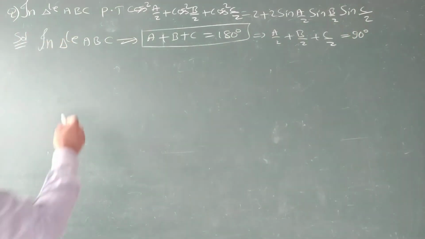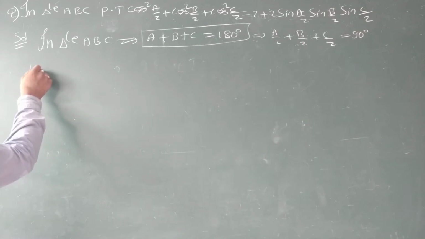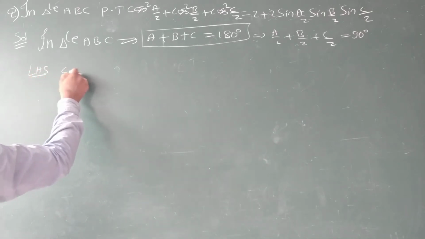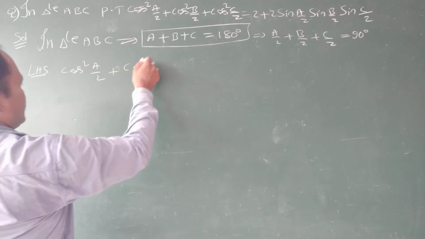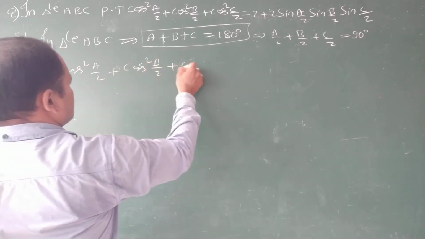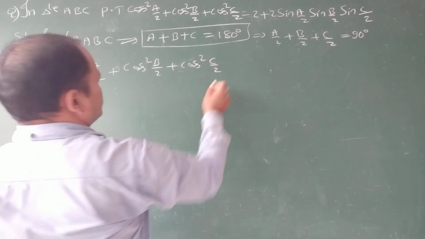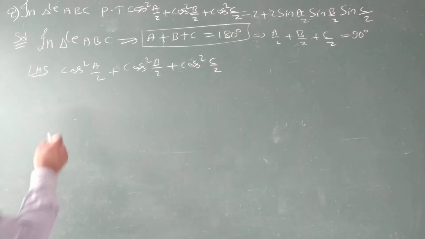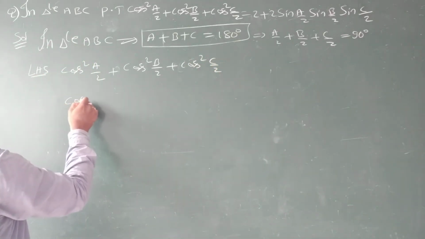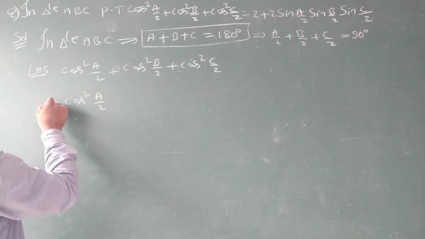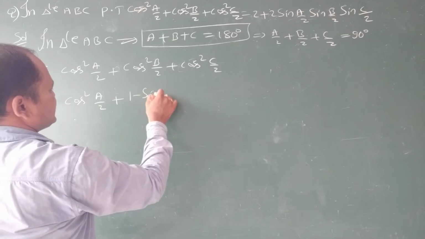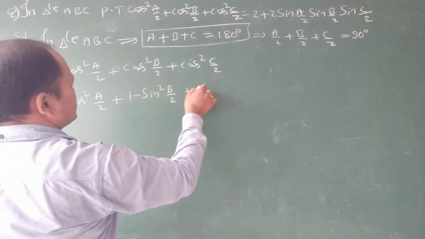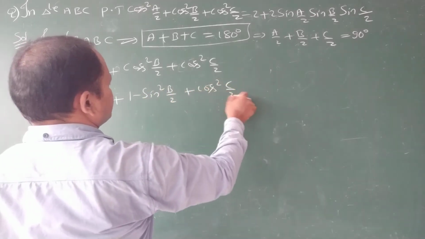Now we have to take LHS, that is cos square A by 2 plus cos square B by 2 plus cos square C by 2. So this cos square A by 2 plus, from the identity we write 1 minus sin square B by 2, plus cos square C by 2.